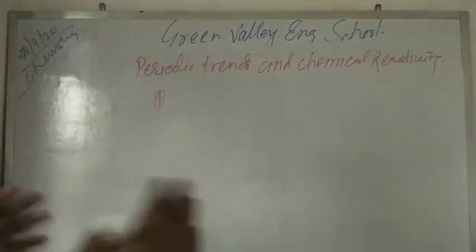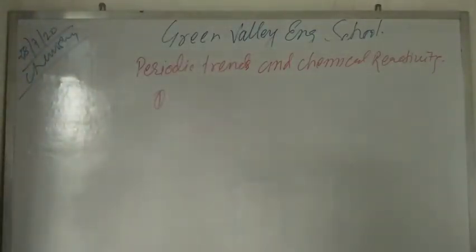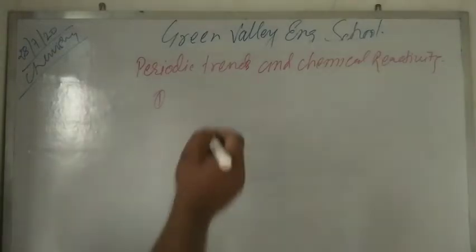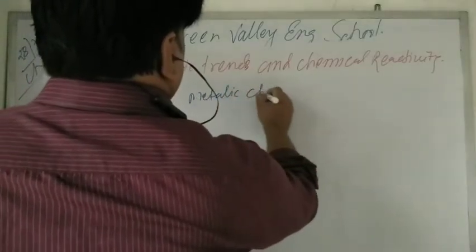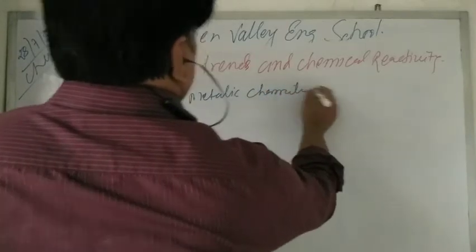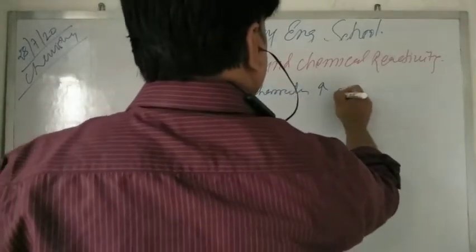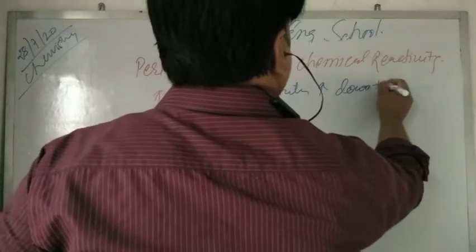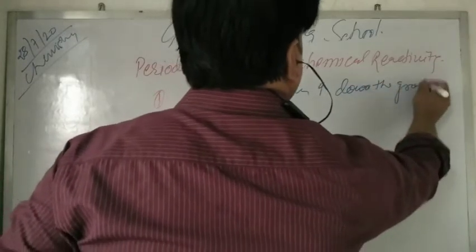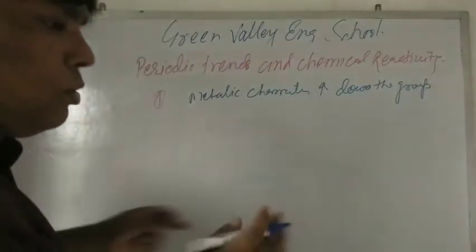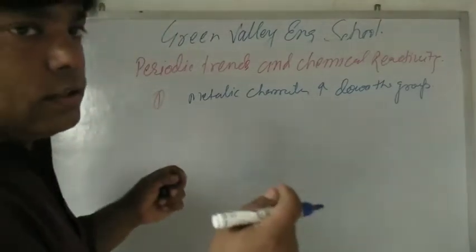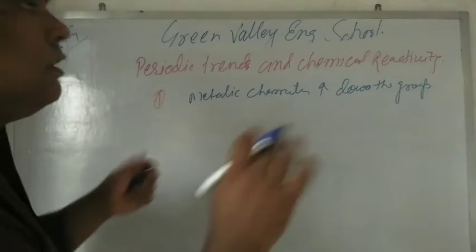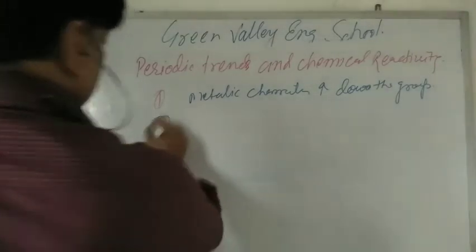As we move down the group, metallic character increases. Why does it happen? Because due to increase in size, Z effective, that is net effective nuclear charge, decreases.